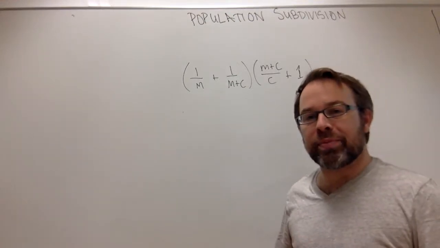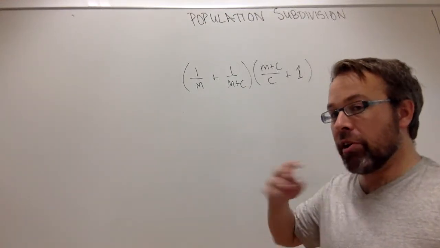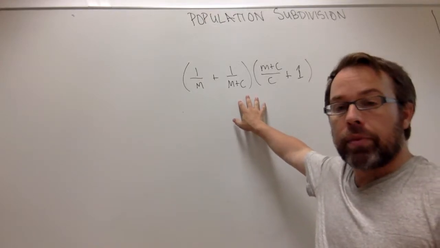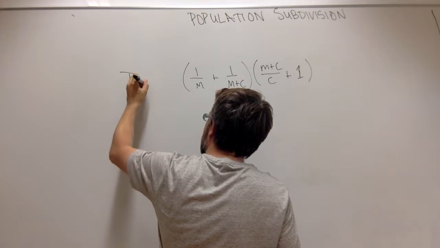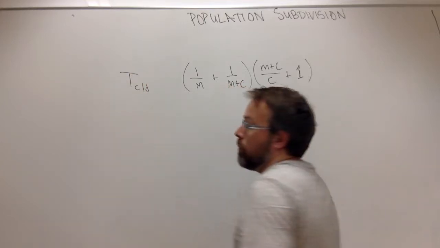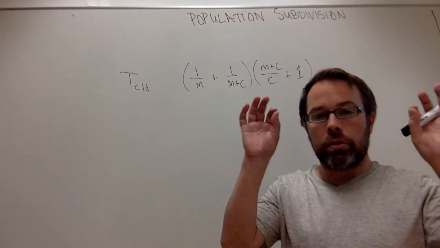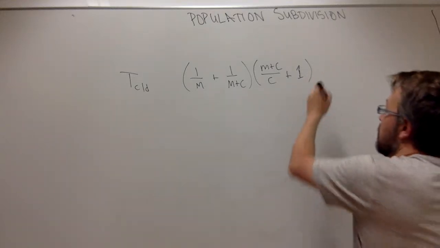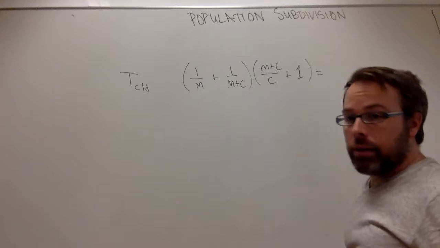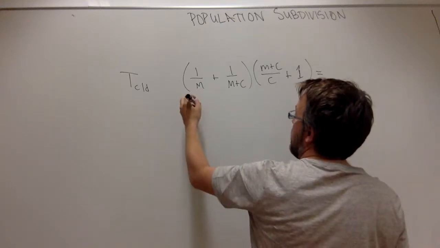Okay, so in our last video, we got here. So we were saying that the time of coalescence, assuming that the two individuals randomly picked are from different subdivisions, came out to this. If we multiply this out, we get a little bit more insight.